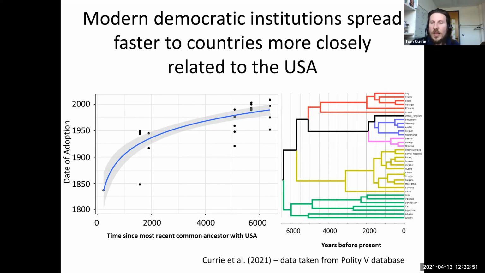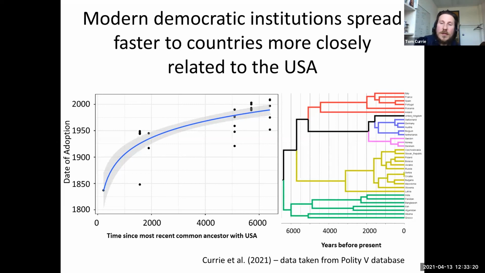And then on the right, we've got a language phylogeny. The idea here is that we can measure how close different countries are culturally. And here we're testing the idea, born out of evolutionary theory, that institutions or other aspects of culture might more easily spread between related cultures or related countries.